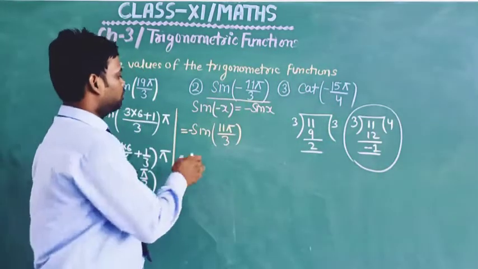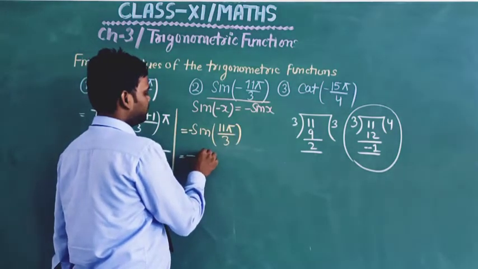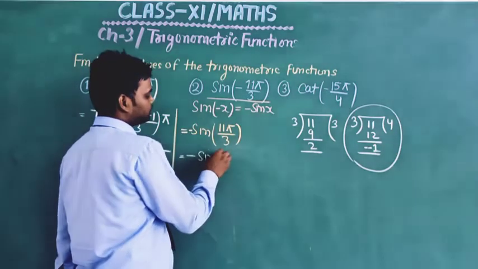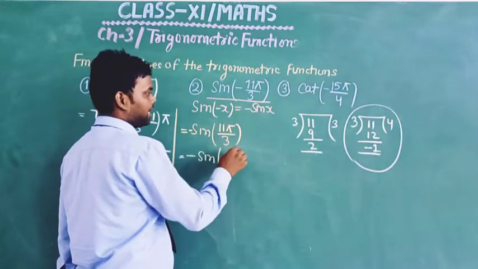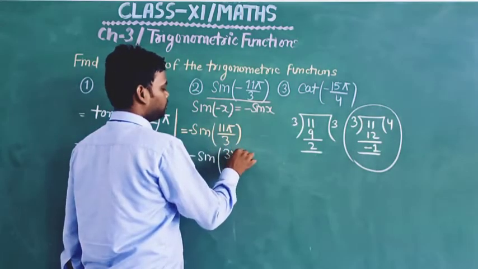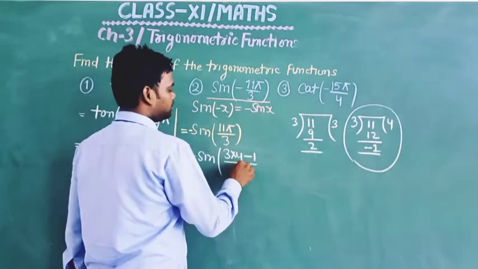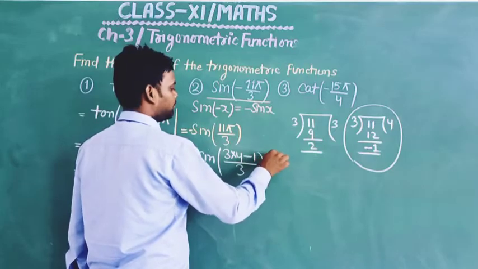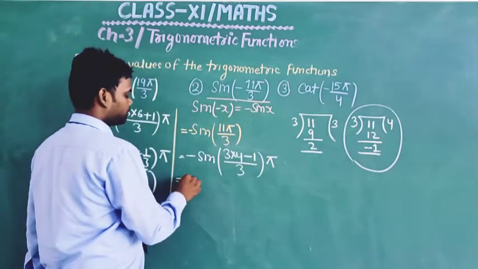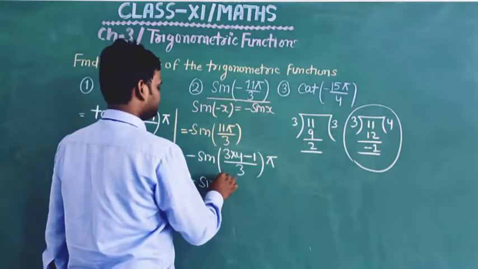So 11π/3 can be written as minus sin of 3 into 4 minus 1 by 3 π. And this is minus sin.